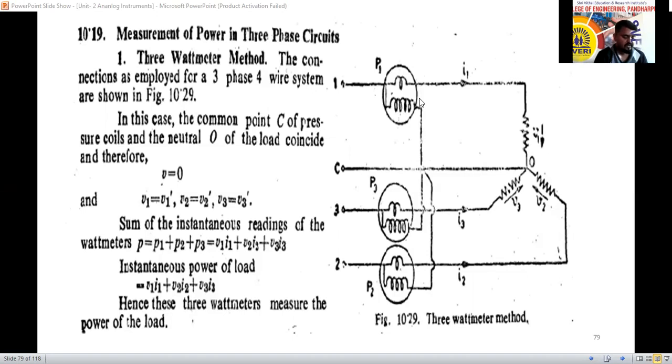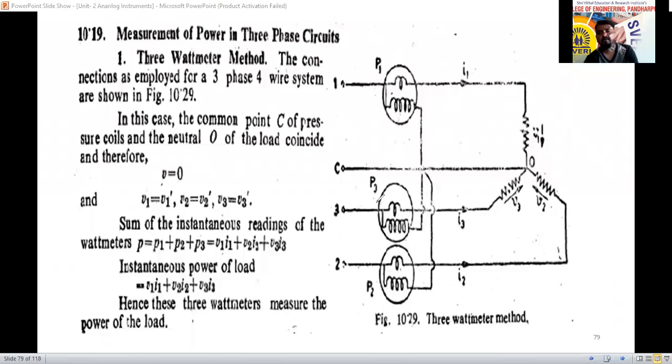For the three phase, we have to measure each phase power: phase 1 power, phase 2 power, and phase 3 power. Then the summation of P1, P2, P3 equals the total three-phase power, according to the principle of the three-phase circuit.